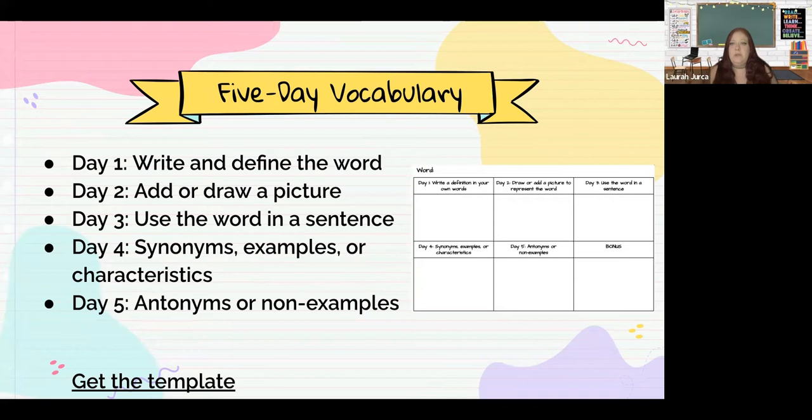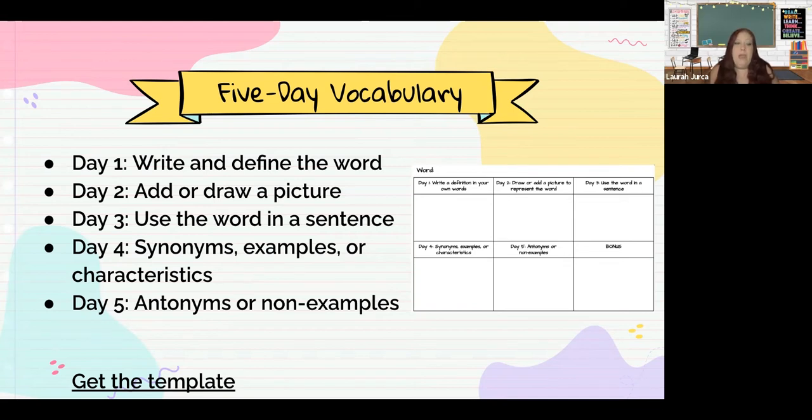On day 3, students are going to pull this out and they're going to use the word in a sentence, preferably in a sentence that makes sense and jives with the way that you're using it in the classroom. On day 4, you're going to direct them on this: they're going to give synonyms of the word, examples of the word, or characteristics of the word.